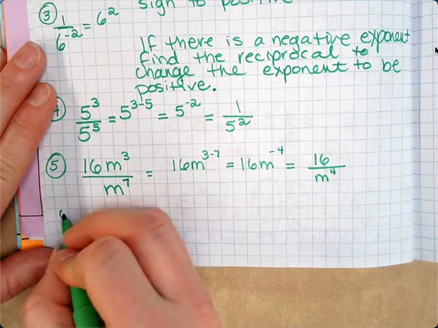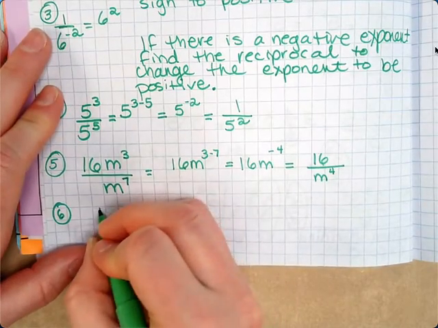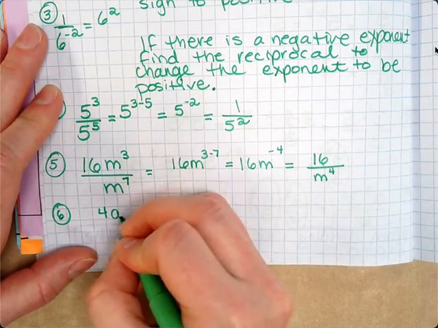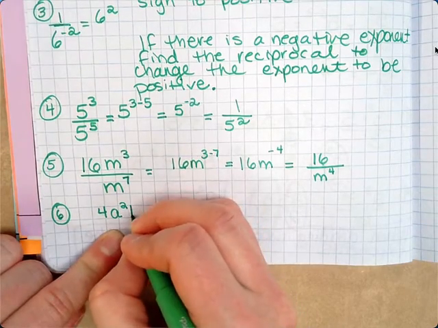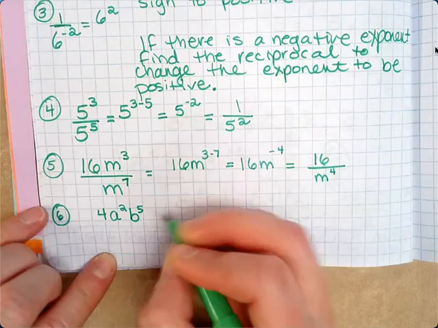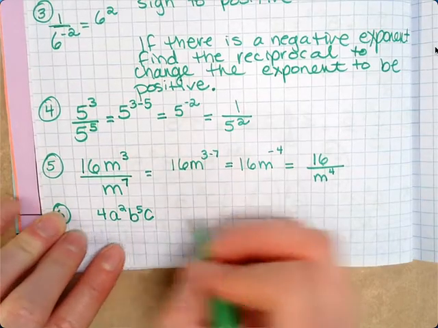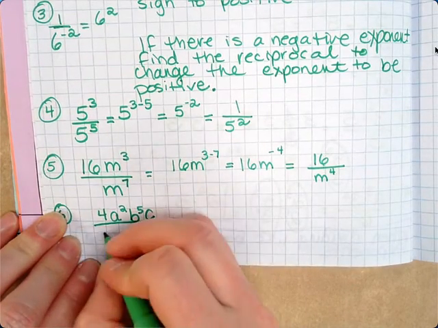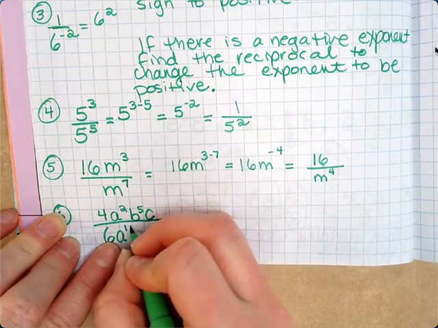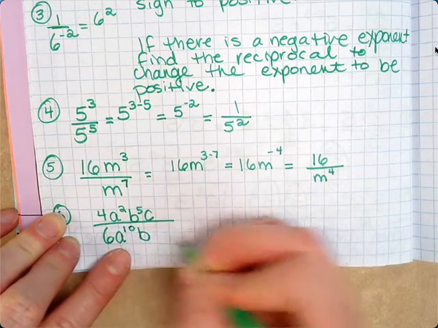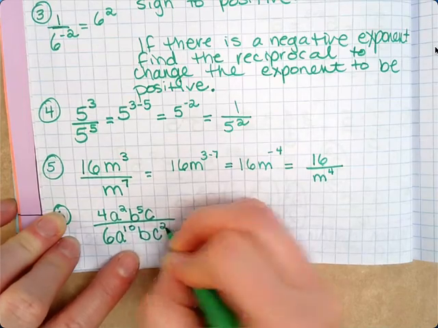Okay, let's do one more. 4a squared b to the 5 c over 6 a to the 10 b and then c squared.